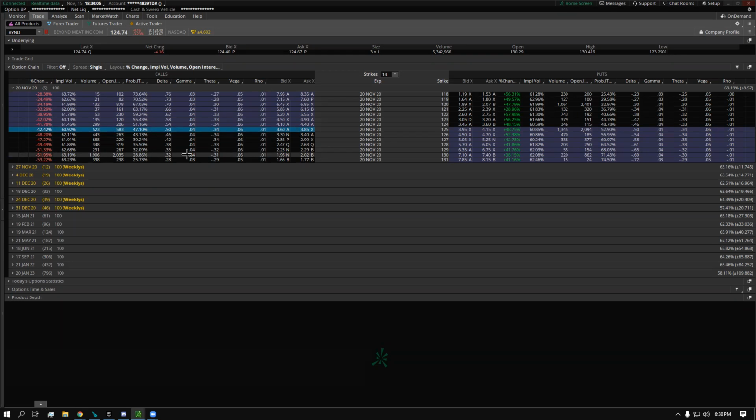If BYND hits 125.74, then this contract should go from, what's the contract price? Sorry, 3.85, it should go from 3.85 up to 4.35. Because you have a 0.5 delta, which represents $50 in value. So all delta is saying is that for every dollar this thing goes up, you're going to gain roughly $50 per contract, if no other factors are considered.